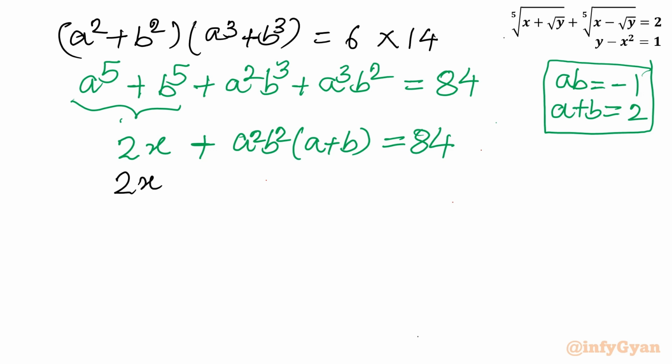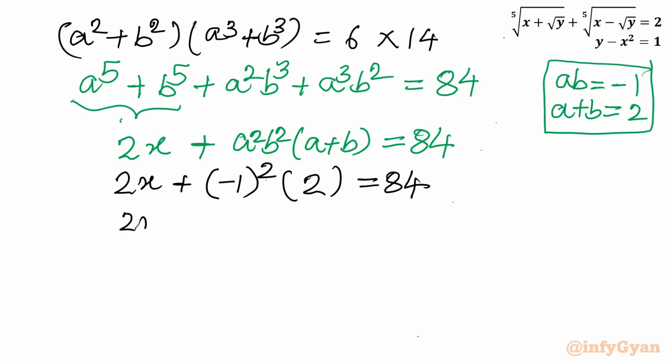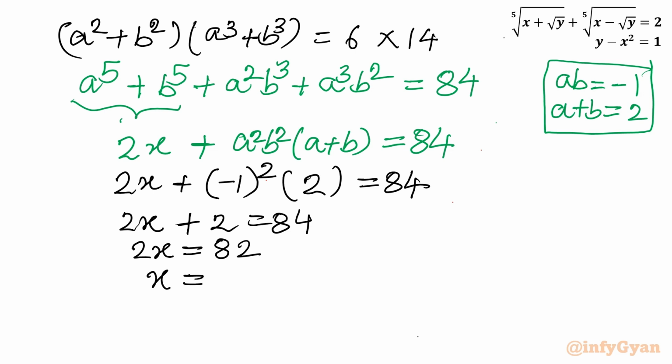I will write 2x plus minus 1 whole square times a plus b, which is 2, equal to 84. So 2x plus 2, since minus 1 square is 1, times 2, equal to 84. Take away 2 from both sides. So 2x will be equal to 82. Now divide both sides by 2. So x will become 82 over 2, so 41.